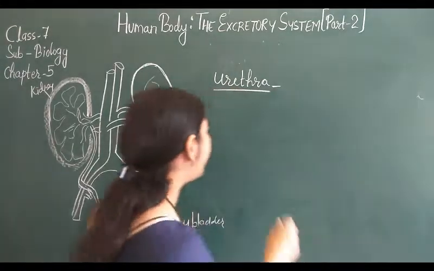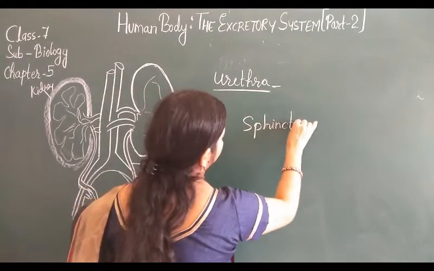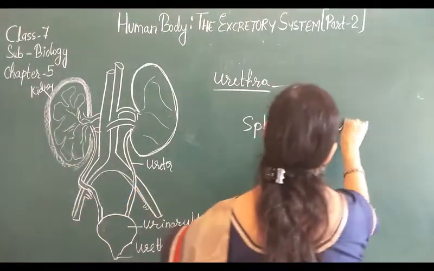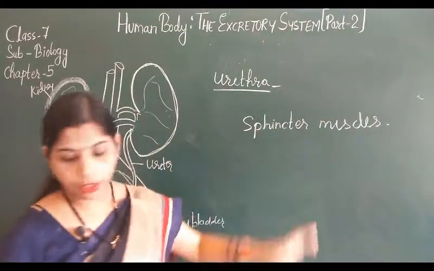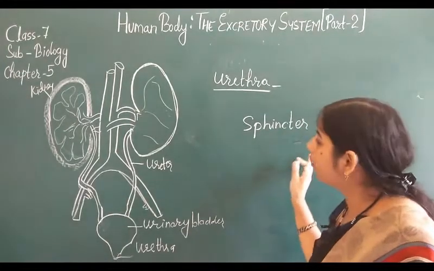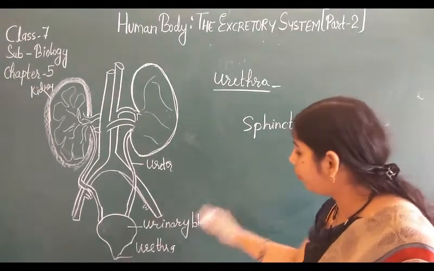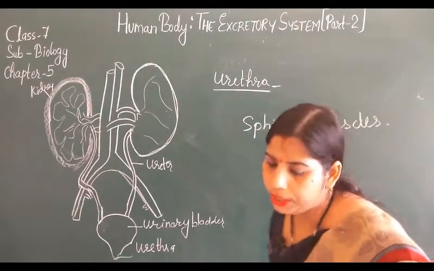The sphincter muscles present inside control the opening and closing of the urethra, and it helps in the releasing of the urine.